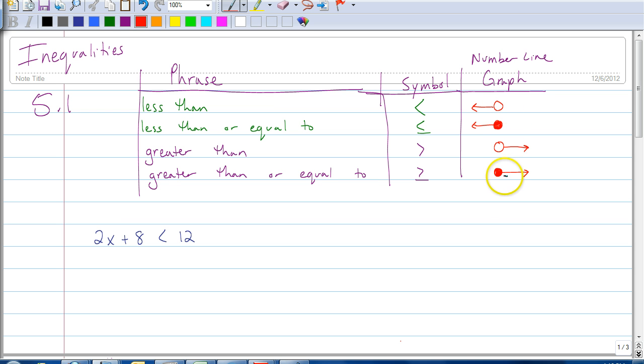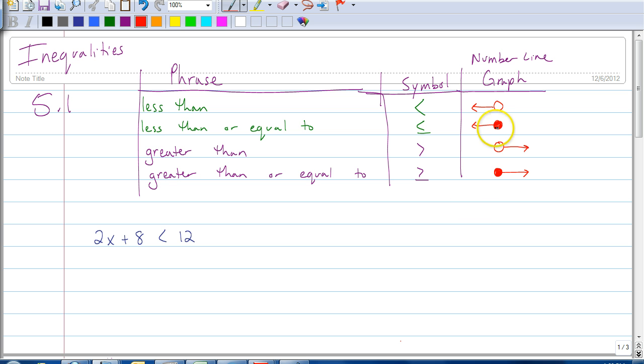So there are certain ways that we identify whether it's less than or equal to, or greater than or equal to. If it's less than, like we said, it doesn't include that particular point. So we use an open circle when we graph it on a number line, and we draw an arrow pointing to the left because it includes all the points less than that value. If it's less than or equal to, we use a closed circle, so we make sure that it's filled in.